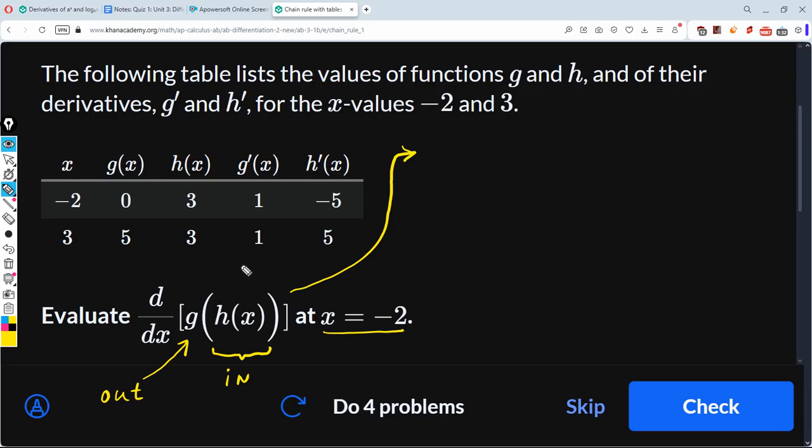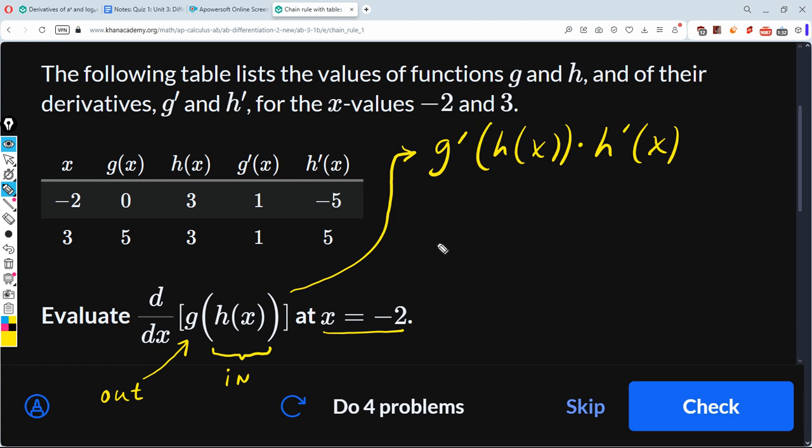we said for a composite function, it's going to be the derivative of the outer, so that's g prime. Leave the inner function alone, so that's h of x. And that's going to be multiplied by the derivative of the inner, so that's times h prime of x.